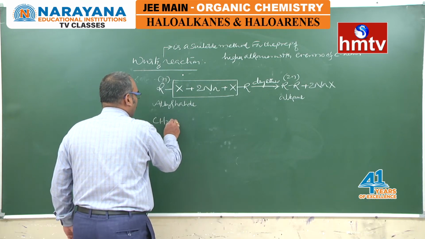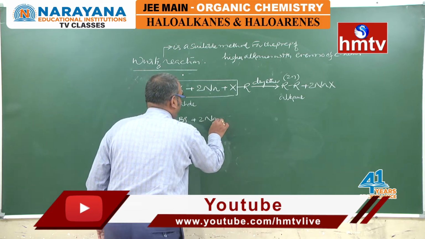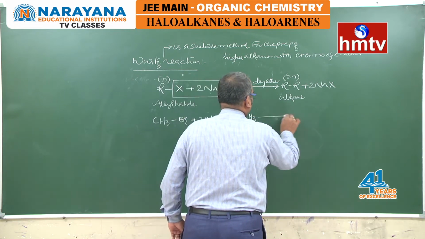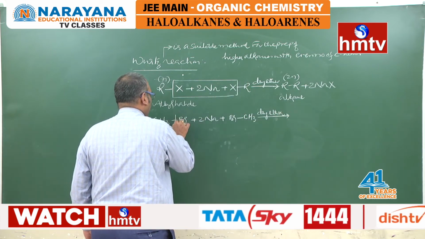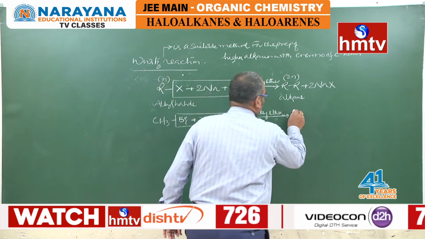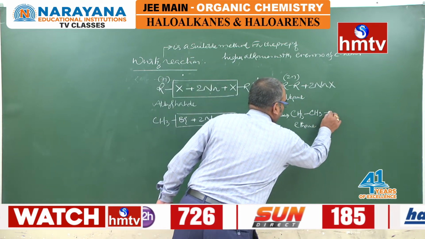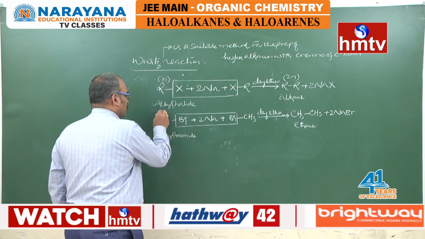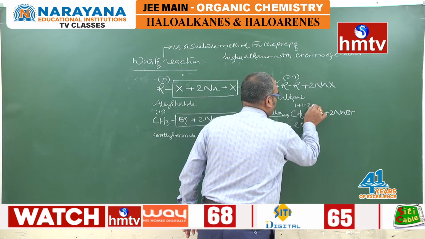I am taking an alkyl halide, methyl bromide, plus 2Na plus another molecule of methyl bromide in dry ether medium, then sodium and Br react with each other to give ethane plus NaBr.